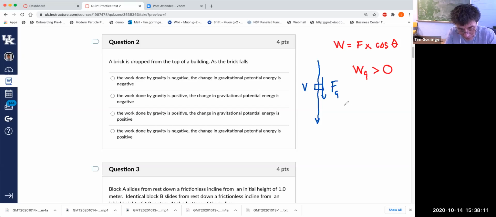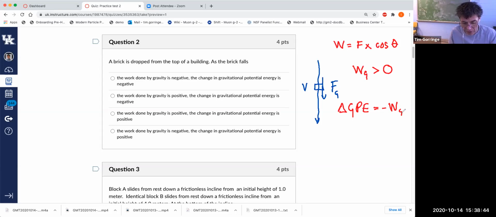What about the change in gravitational potential energy? Well, if you remember, the change in a potential energy is the negative of the work done by the corresponding force. So that means that if the gravitational force does positive work, the gravitational potential energy gets decreased.